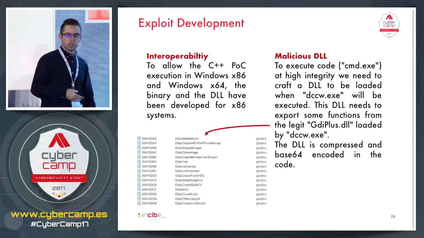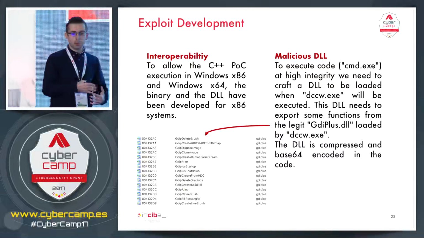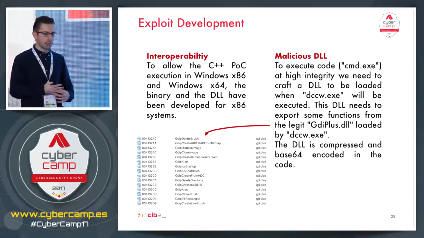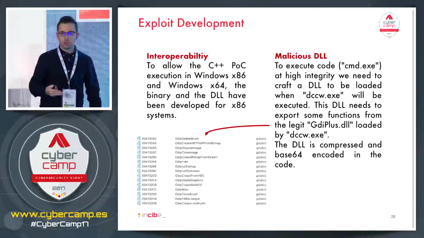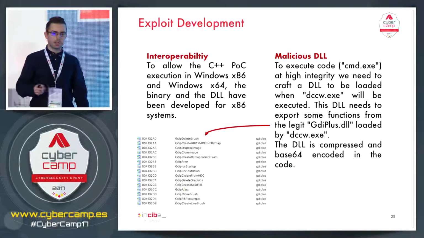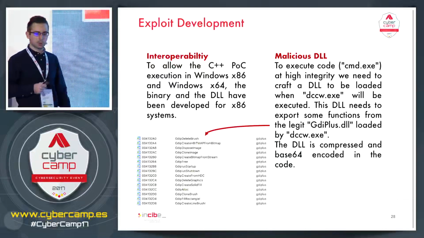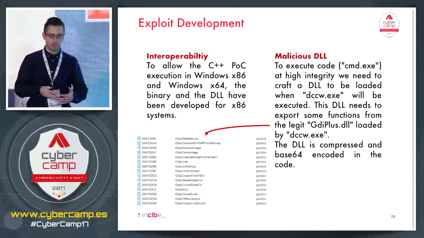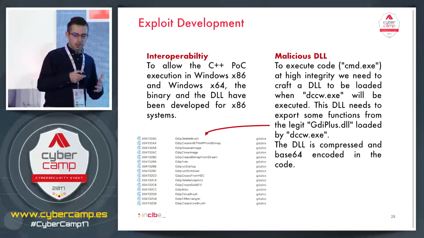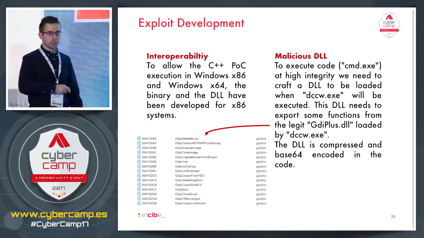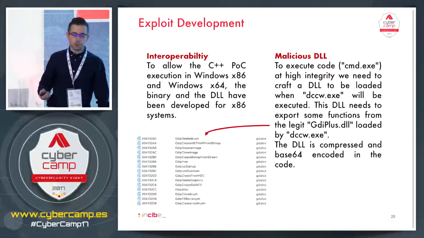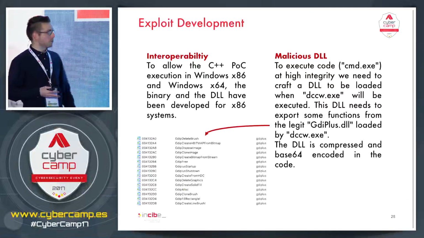We've seen that all the execution flows will be directed to the directory and the route that I've shown you. This will prevent this from running on Windows 7 because this route isn't present in these systems. At the same time, we also wanted to execute this in 32-bit versions and in 64-bit versions.